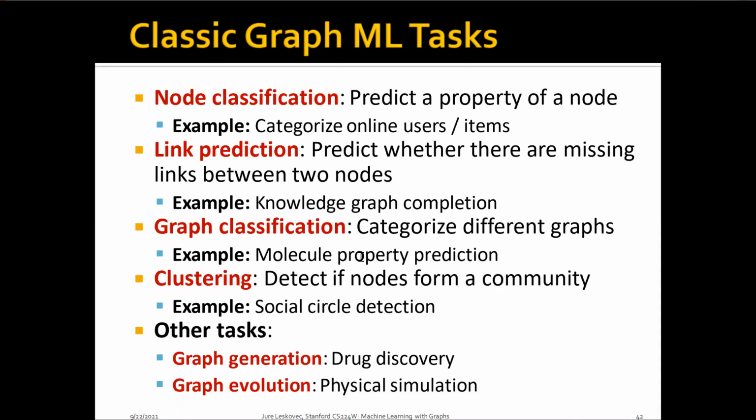So with the power of graph networks, graph modeling, we can directly predict it and really speed up the prediction process. And then here at the subgraph level, we can do the clustering, right, to detect if nodes form a community over there, and we can define a social circle of the nodes.